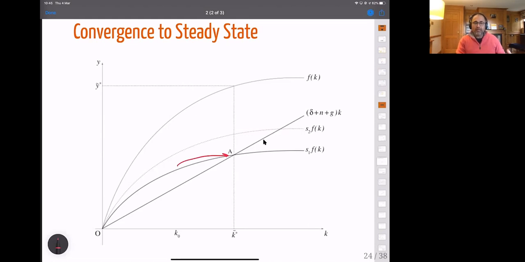What we're interested in is finding out how to increase the steady state from A to B. One example of increasing the steady state from A to B is increasing the saving rate. Okay, so if you increase the saving rate, you're going to have higher per capita income.